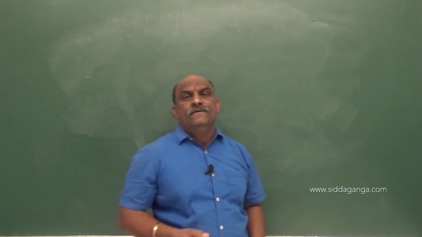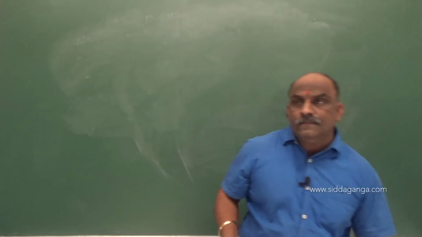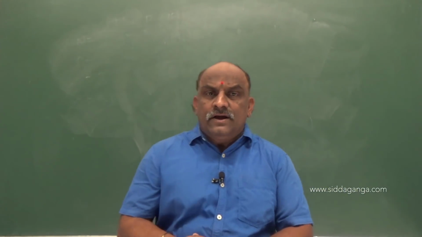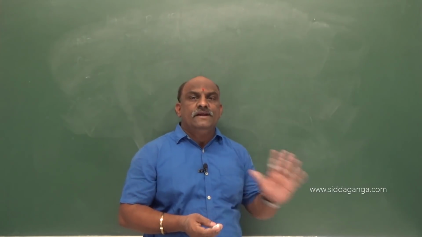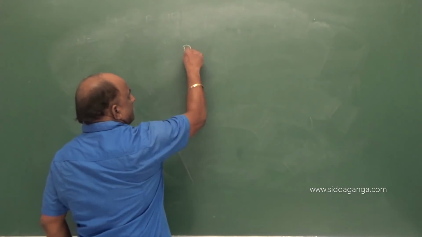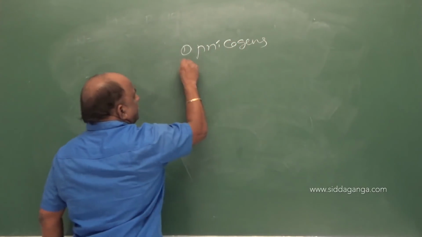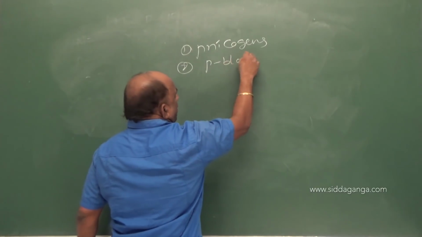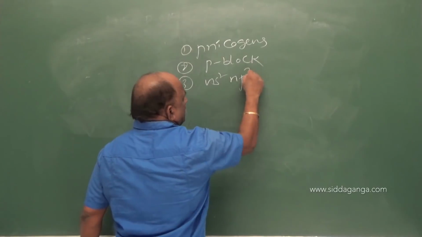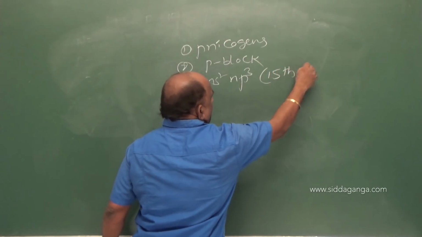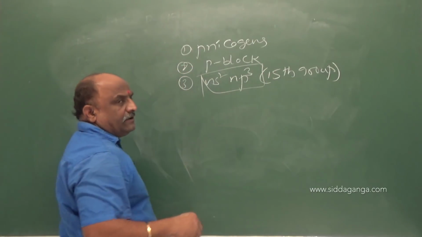Due to that, these are called p block elements. The general electronic configuration of these group elements is ns2 np3. So point number 1 is pnictogens, second is p block, and third is the general electronic configuration ns2 np3.